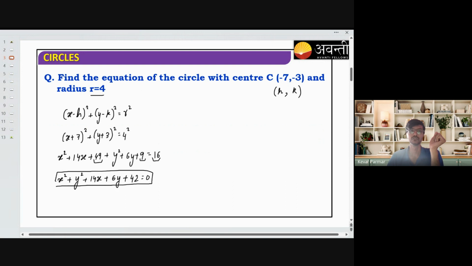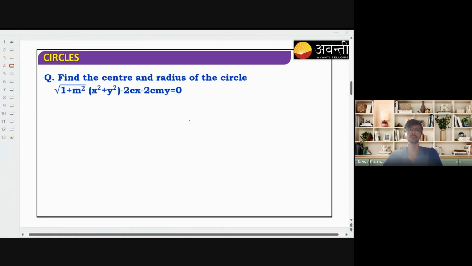Yeah. So let's see the next question. Find the center and radius of the circle. Here we have to find the center and radius, so that means we have to convert the given equation into general form. Let me write it here.